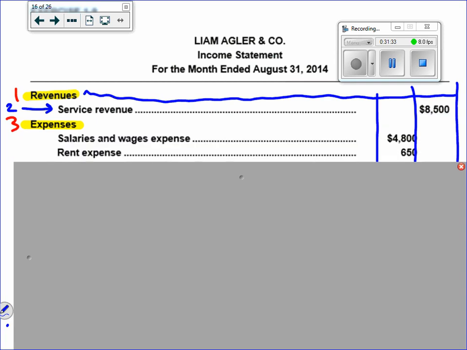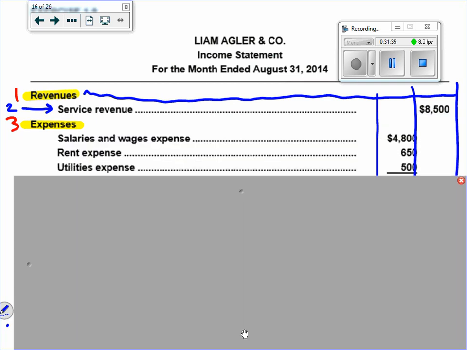That's where you can list them as what they are. Salaries and wages expense, rent expense, utilities expense. The reason we've shoved them over in the left is because we're trying to get to more of a finalized number.